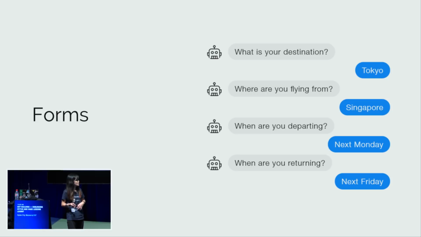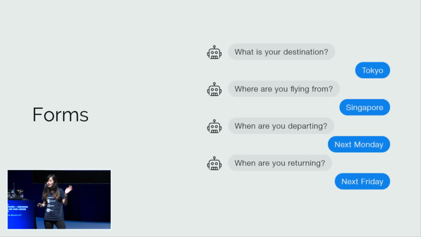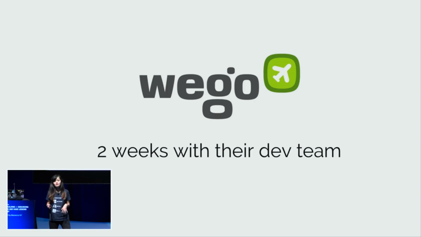OK, so the third one being forms. This one seems really simple at face value, but I'm going to show you why it's not. I want to illustrate this through a recent project we did with a company called Wigo. I don't know if you've heard of them before. They have an awesome dev team.